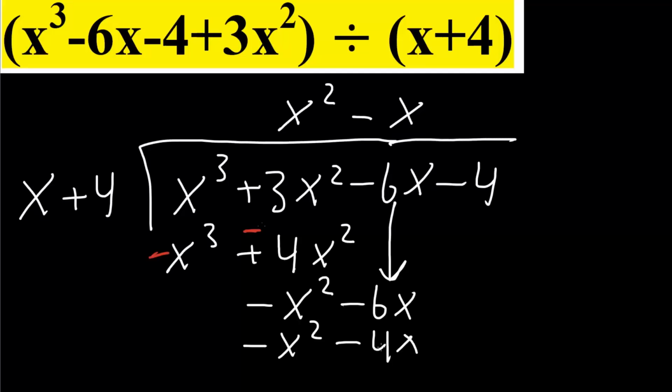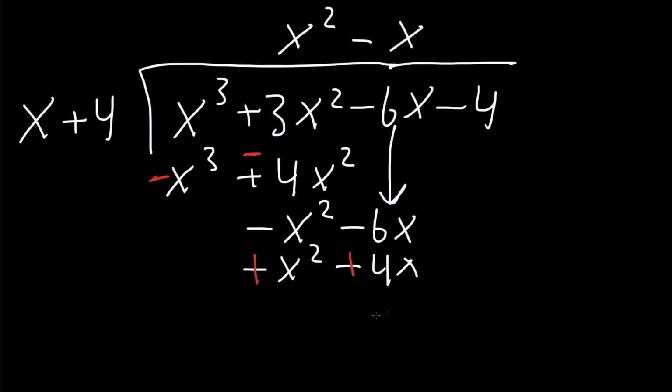So this is negative, negative. Now we make it positive, positive. And so we would get negative x squared plus x squared is 0x squared. Minus 6x plus 4x would be negative 2x. So we would get negative 2x, and now we bring down the negative 4.